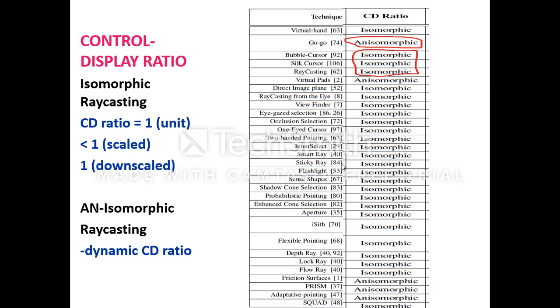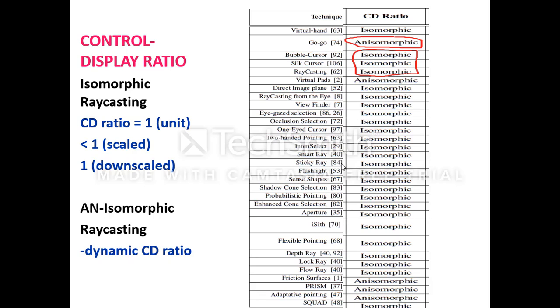And then we have the control display or CD ratio that determines how translations and rotations of the input device are transferred to the selection tool in the virtual space. For example, let's say you move the mouse 1 centimeter, that will cause the cursor to move 1 centimeter too. There are two types of selection techniques, isomorphic and anisomorphic. In isomorphic raycasting, the CD ratio stays constant.